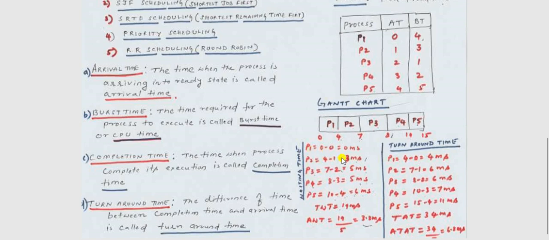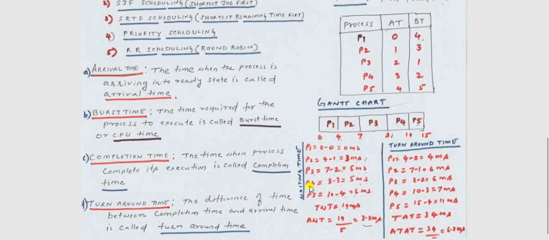P1: look at the Gantt chart, it starts at 0, arrival time of P1 is 0, so 0 minus 0 is 0 milliseconds. Next one is P2: starting time from the Gantt chart is 4, arrival time from the table is 1, 4 minus 1 is 3. Next P3: starting time from the Gantt chart is 7, arrival time is 2, 7 minus 2 is 5 milliseconds.